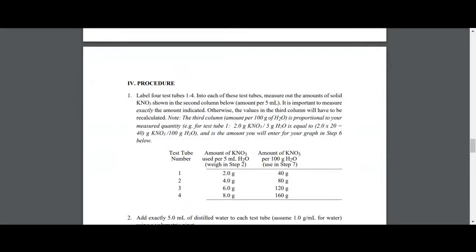Okay, we are going to experiment also with potassium nitrate. We are going to see at what temperature it is going to dissolve, or at what temperature it is going to come back.